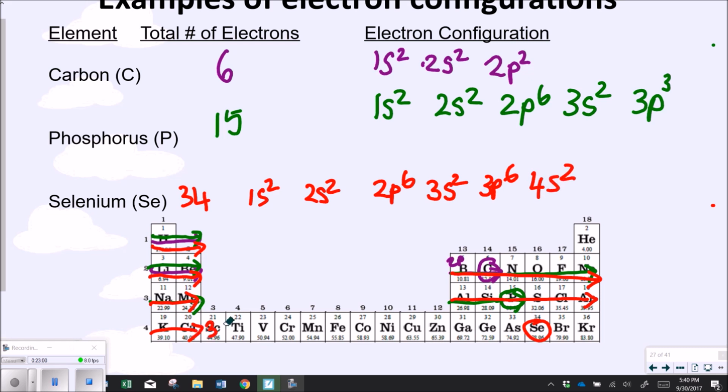Remember, d starts at 3, which is 4 minus 1. So 3d all the way to 3d10. And then I reach 4p over here. So 4p, 1, 2, 3, 4.